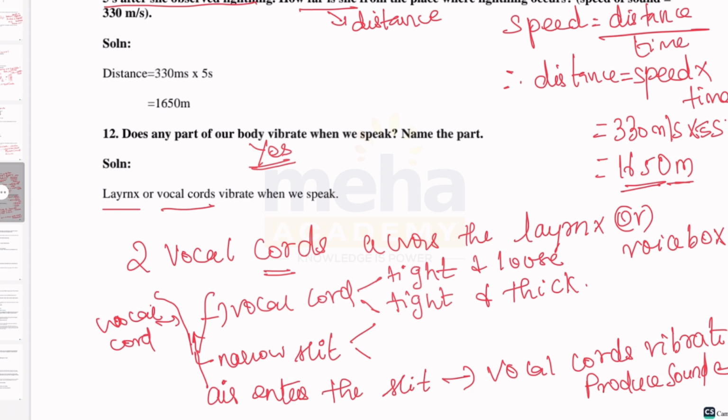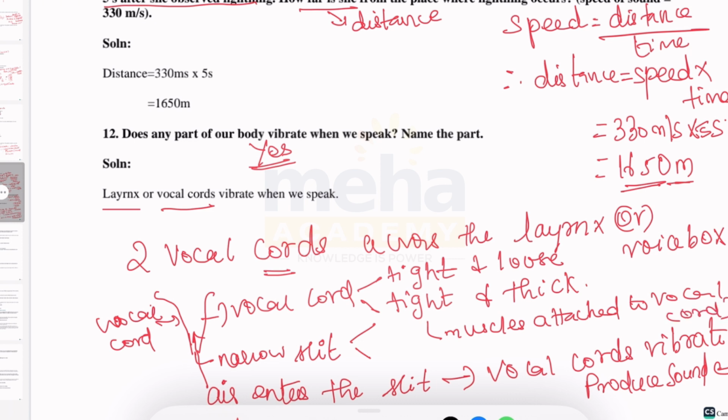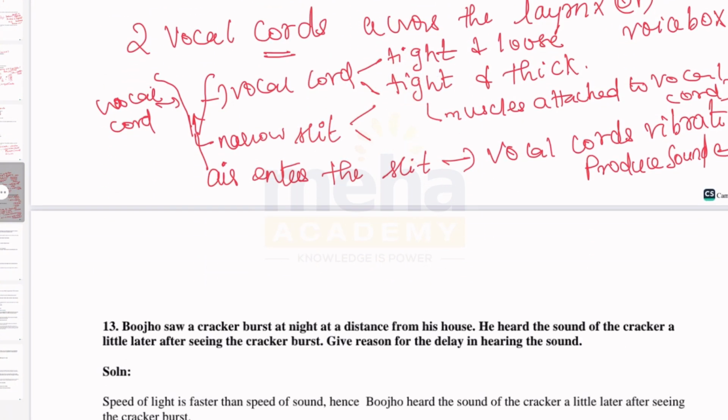So what makes the vocal cord tight and loose or thick and thin? The muscles attached to the vocal cord make the vocal cord thick and loose or thick and thin.